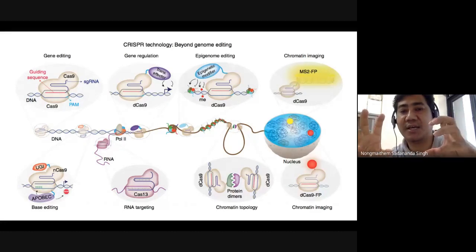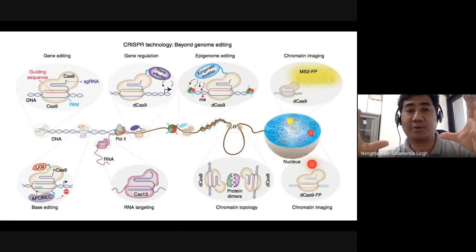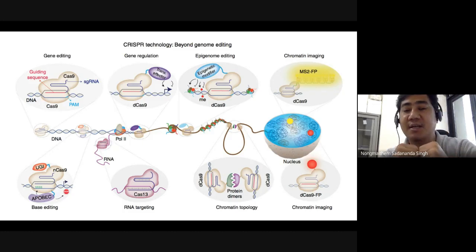You can check whether a particular segment of chromosome 2 comes near to, because we talk about 3D organization of the genome, now it's very popular. If you want to see whether a certain segment of chromosome 2 is coming near to chromosome 4 and has a functional importance in certain tissues, then you can check through these Cas9 observation tools.